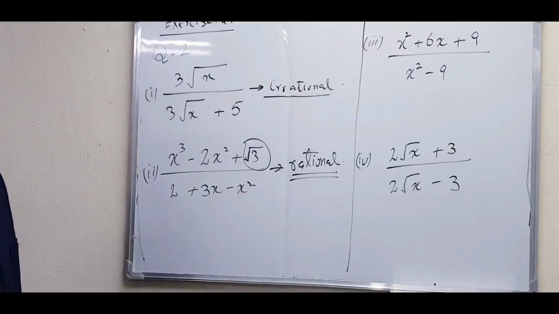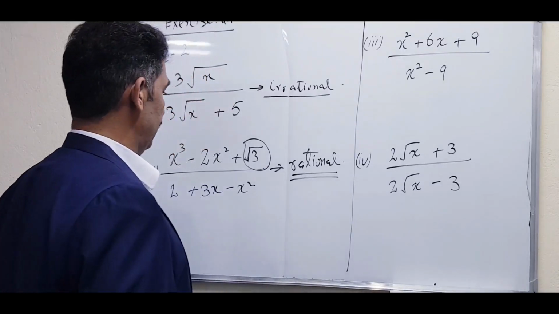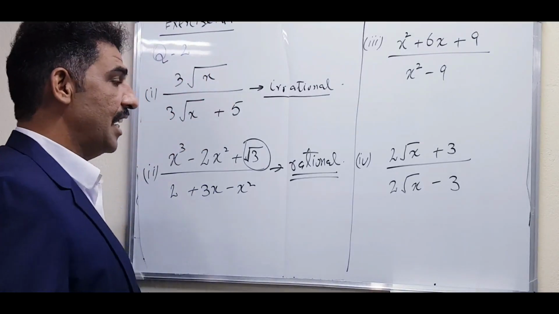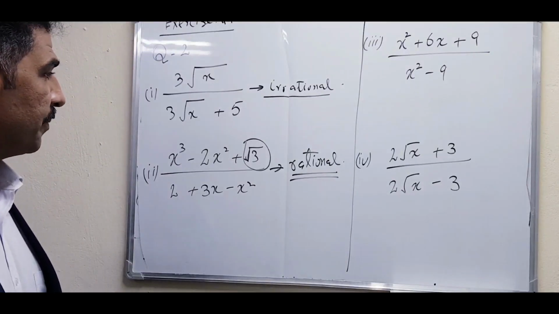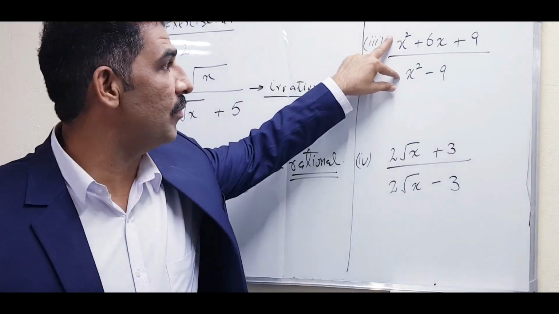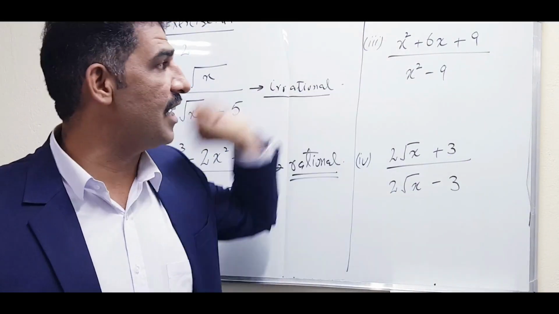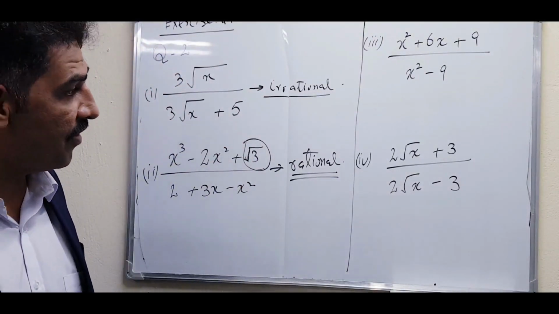Now the third part, what about this? Good. This is a rational expression. Why is this a rational expression? Because there is no root of any term. That's why it's a rational expression. And what about this?